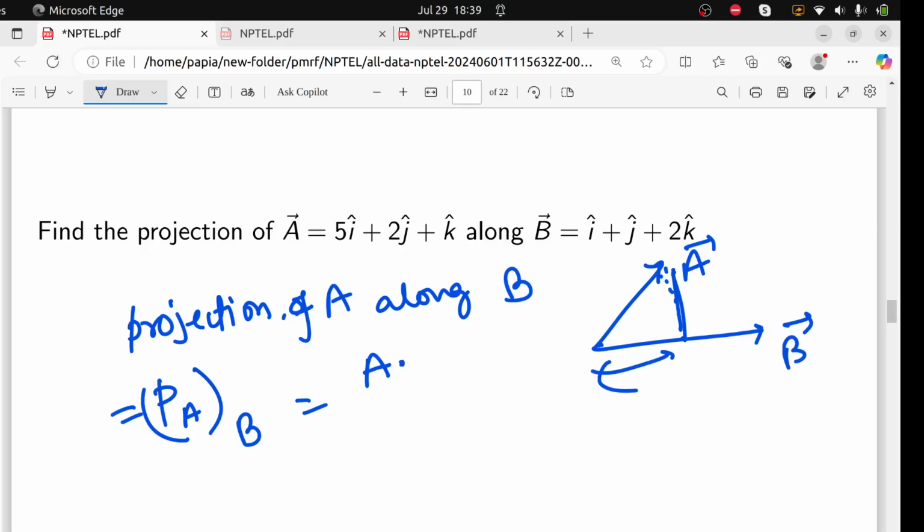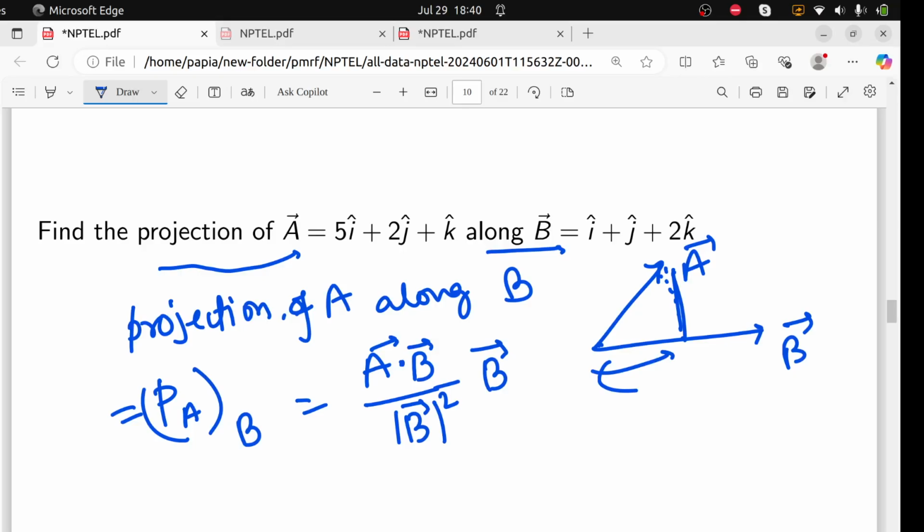So projection means it will be A dot B divided by B square, and then the B vector. So the vector on which we project, its mod square will be in the denominator, and then that vector is multiplied. So the projection of A along B is A dot B divided by mod B square, into the B vector.